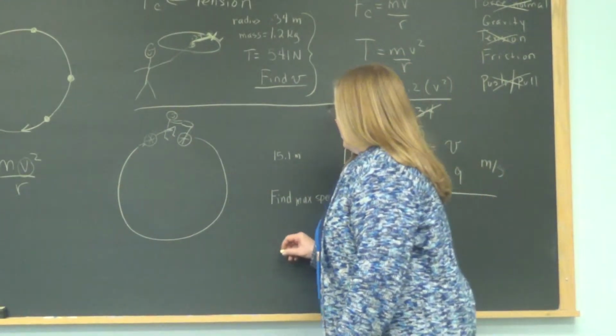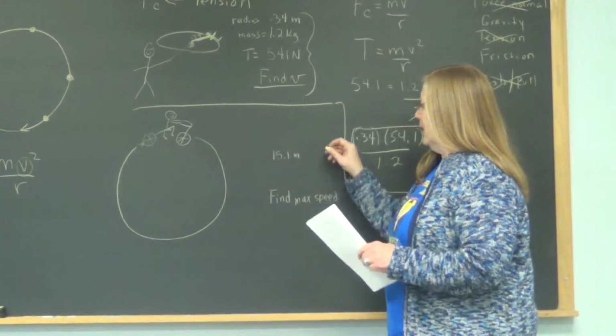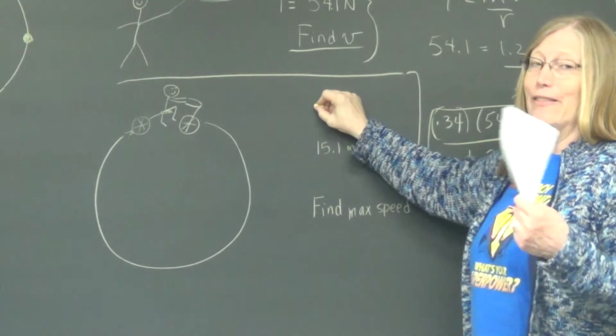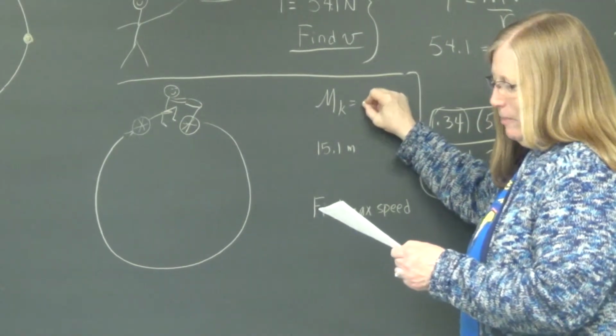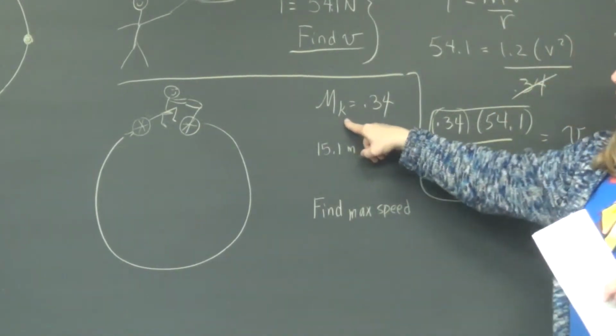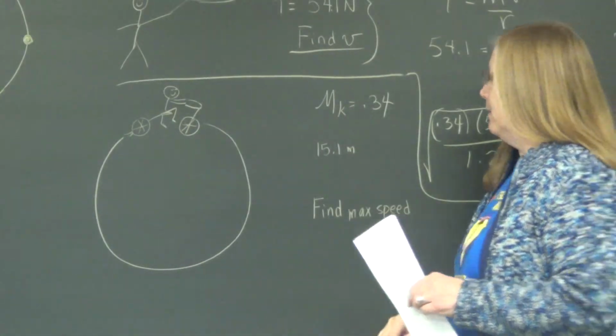This time I'm going to have to give you some more parameters. I didn't give you this one before because I didn't want to give away what force it was. MK is 0.34. MK is a coefficient of friction, and it will be in our formula.